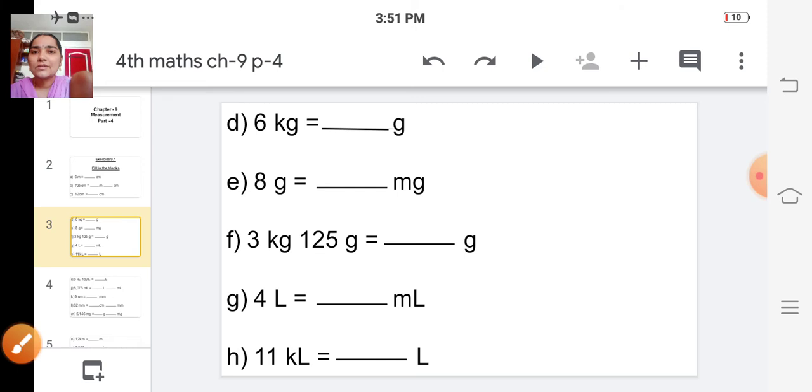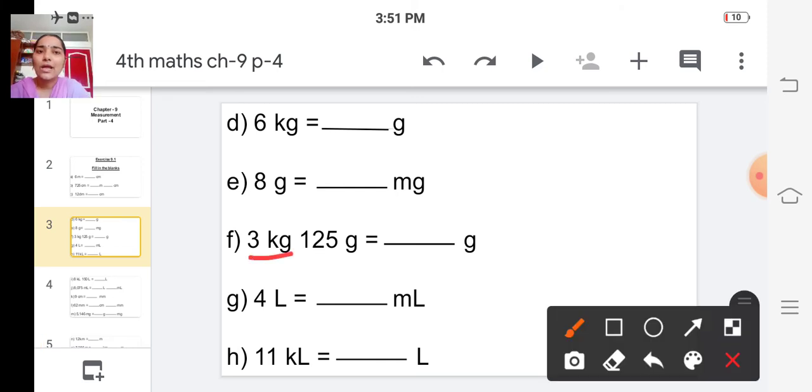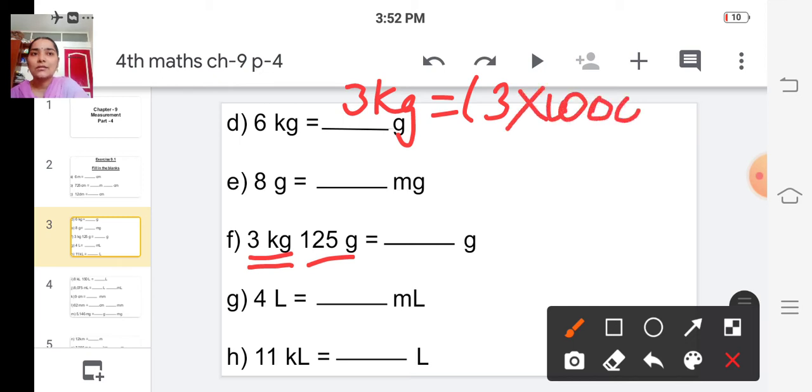The next one, F, 3 kilogram and 125 gram is equal to dash gram. So we have to convert that into grams. First we convert this 3 kilogram into grams, by multiplying by 1000. So 3 kilogram is equal to 3 into 1000 grams, which is equal to 3000 grams.